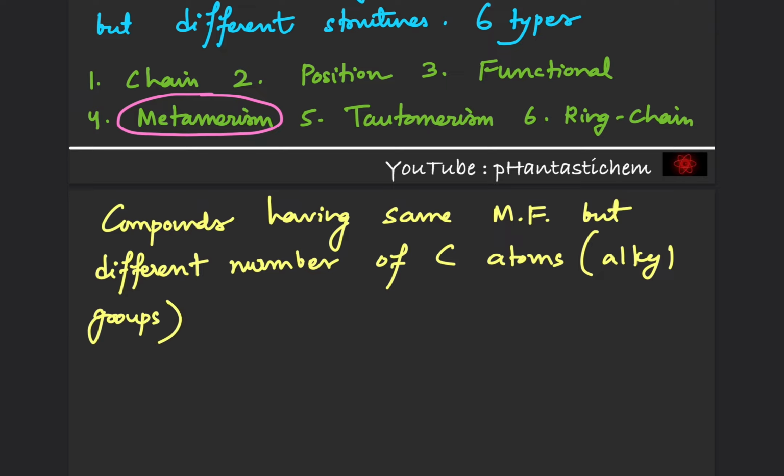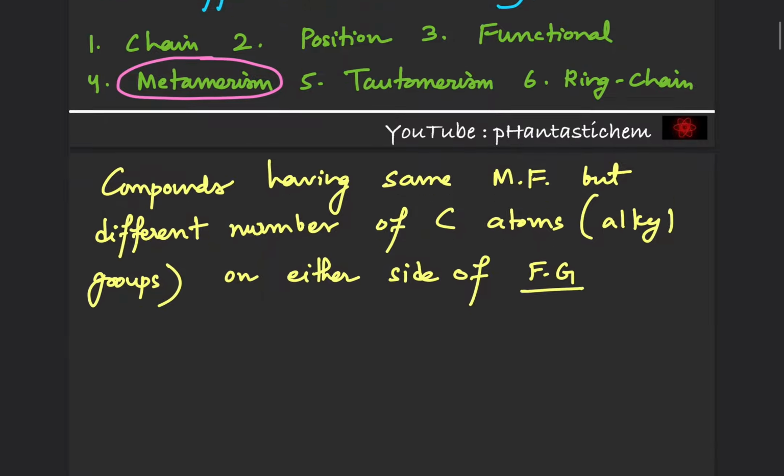Alkyl groups are formed when we remove one hydrogen from alkanes. So compounds having the same molecular formula but different number of carbon atoms or alkyl groups on either side of the functional group. Very important.